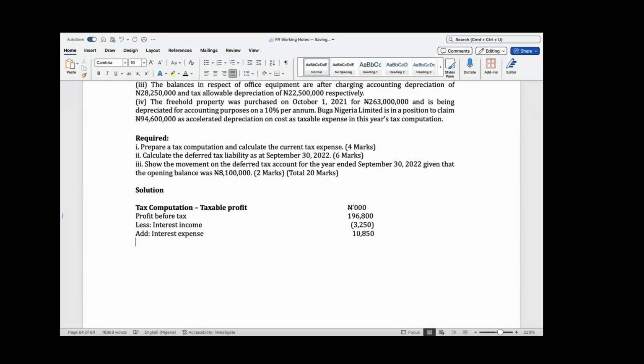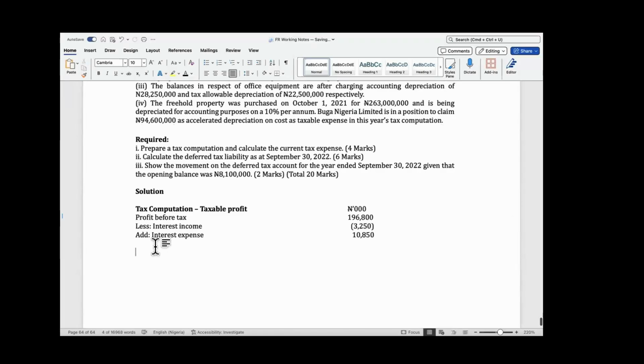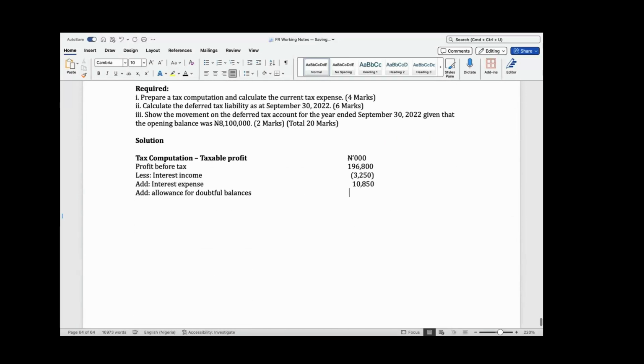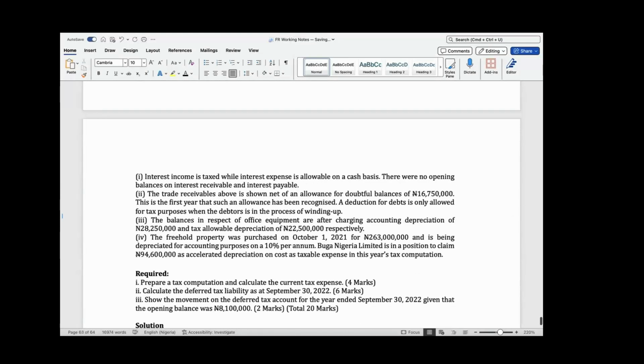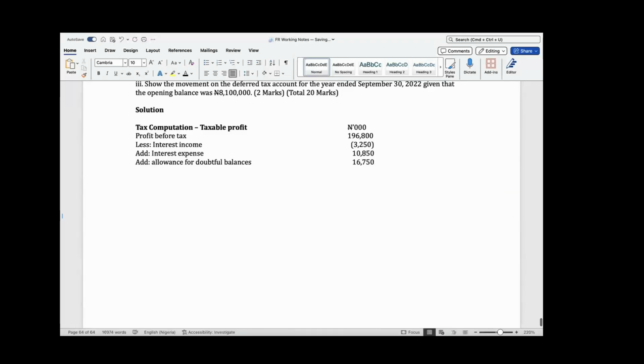Then this allowance for doubtful debts, they are also adding it back, of how much? 16,750. Taxman is not allowing it. 16,750. And also this capital allowance to be deducted.